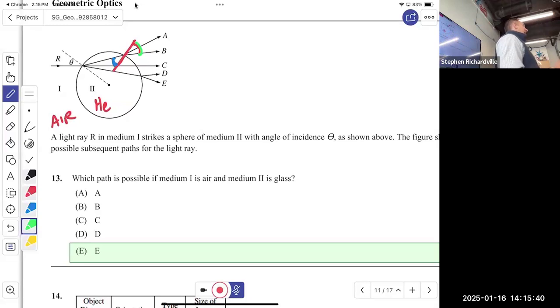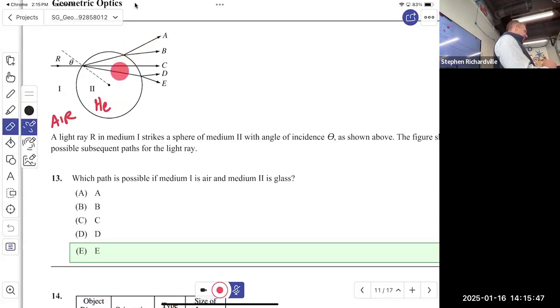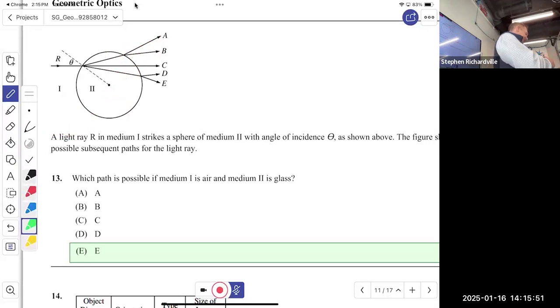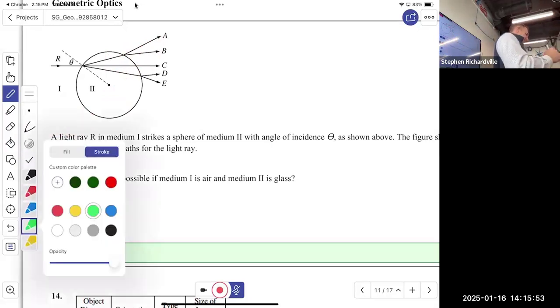I think the answer for this has to be A or E. I can't imagine a situation where it's not A or E. C is just not going to work unless my n values are the same. So which way does it move?